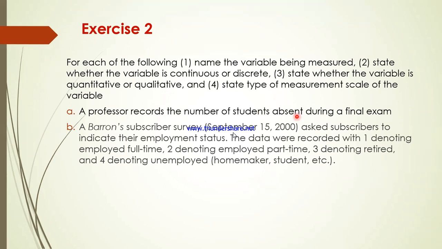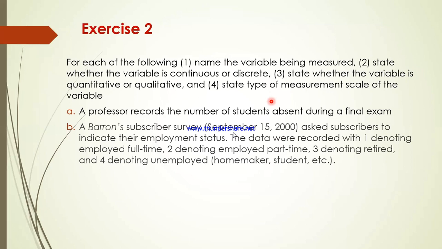So here we are going to use numerical values. We are counting 0, 1, 2, 3 and so on. After deciding this variable and the measures for this variable, then clearly we can identify whether the variable is continuous or discrete, quantitative or qualitative, or what type of scale of measurement.